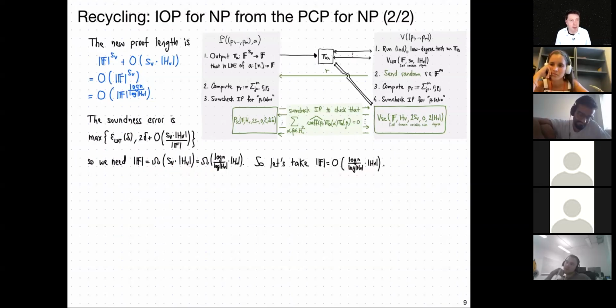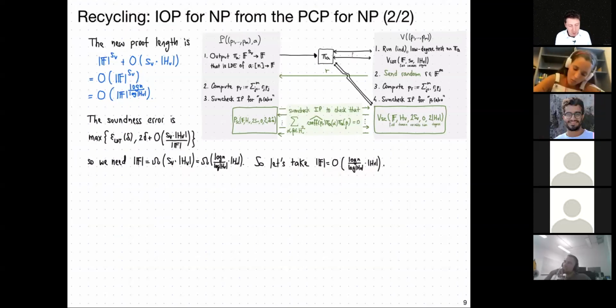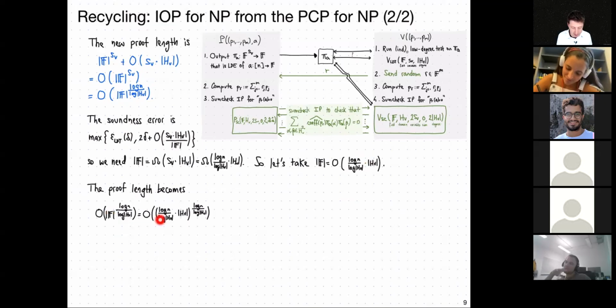So with this field, now we can go back to the proof length and compute what it is in terms of N, or M, the size of our problem. I'm copying this expression down here, and now I substitute the size of the field. Then I take log N, put it down, and put other things up. And what you get is N to the (log hv plus log N minus log hv) divided by log hv.